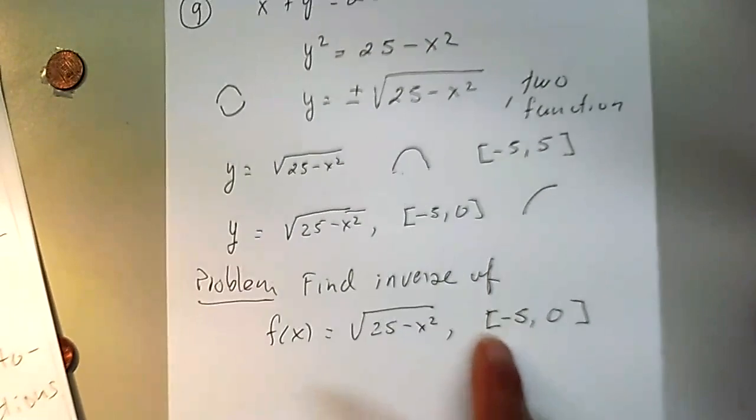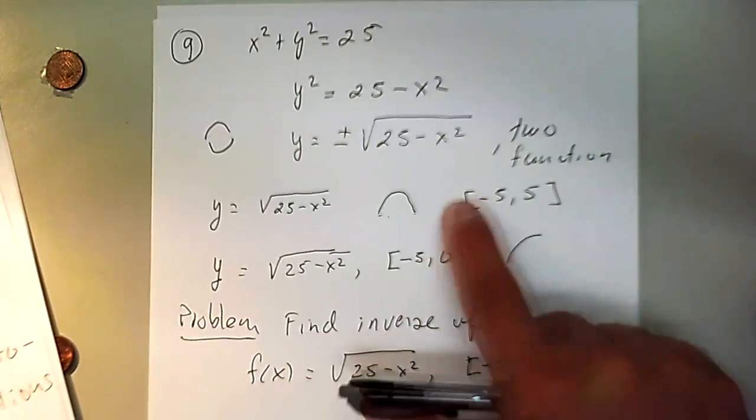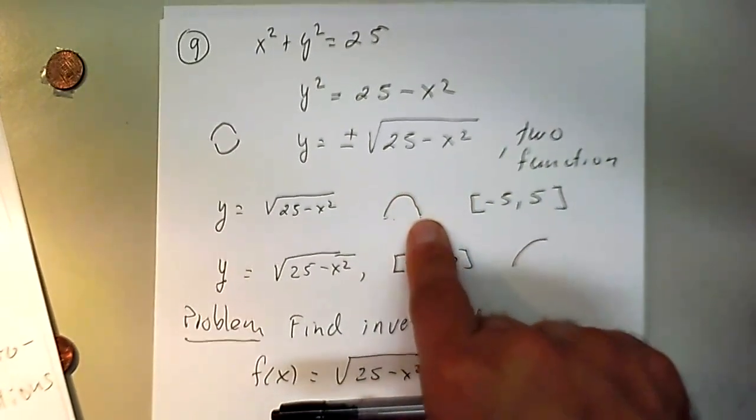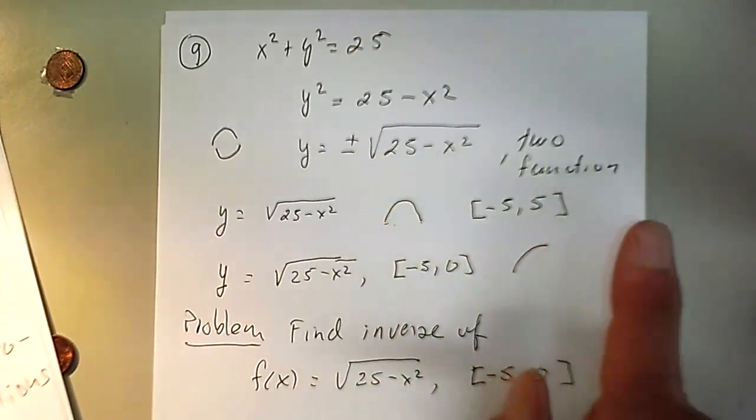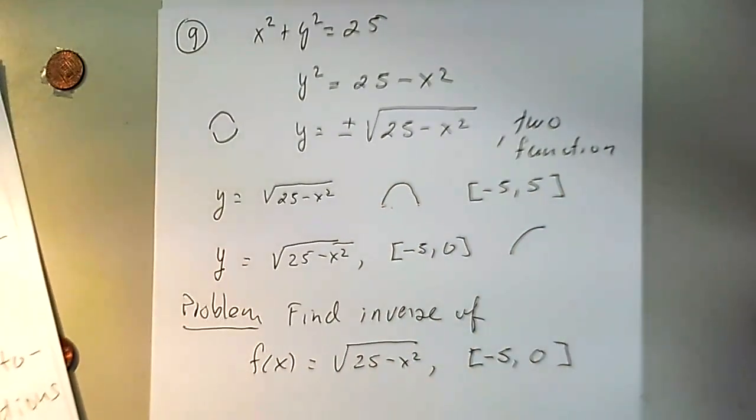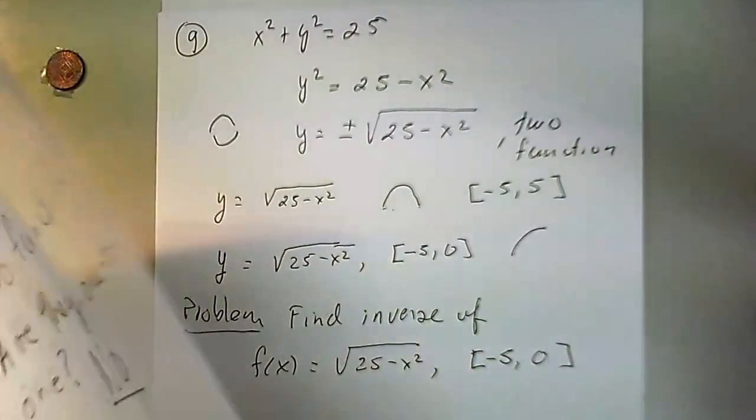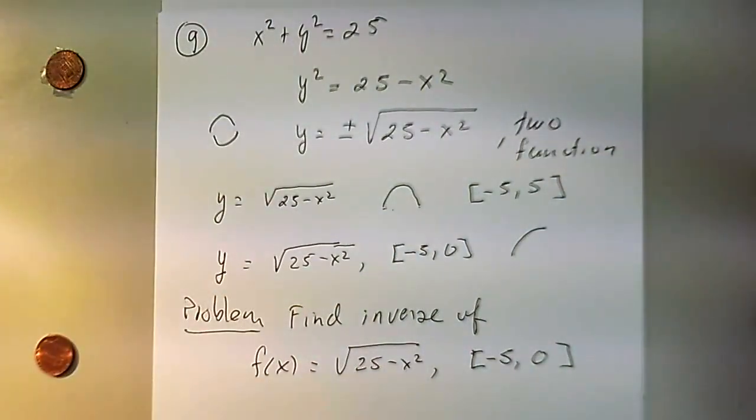That is important. If we don't put that, then we have an implicit domain, which is the entire half of the circle, which is not invertible. So not every function is invertible.